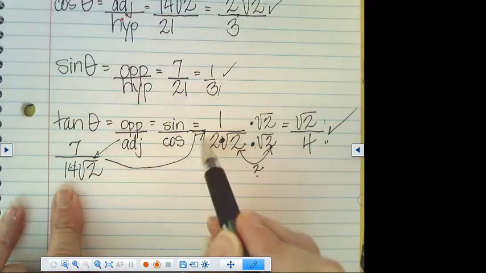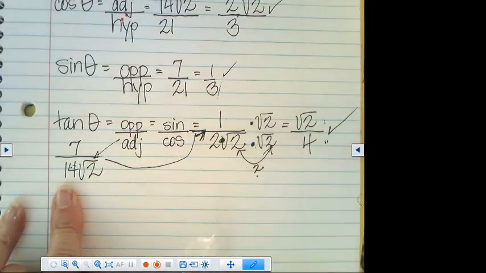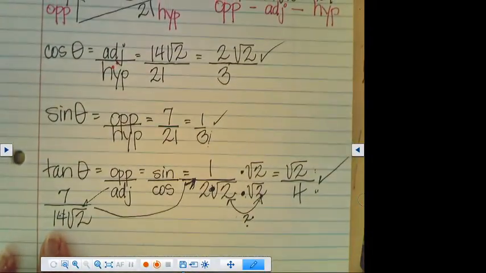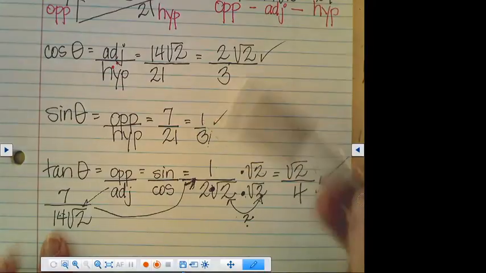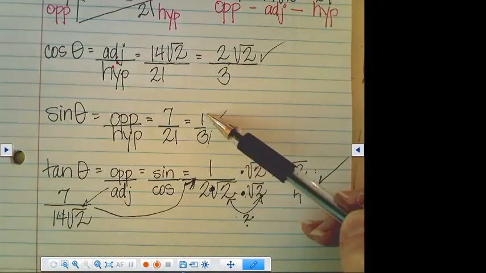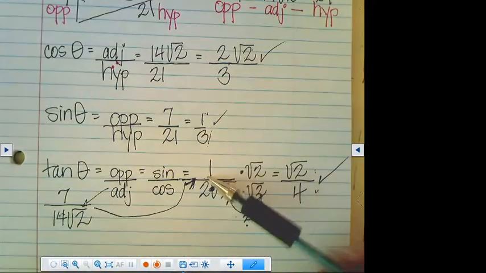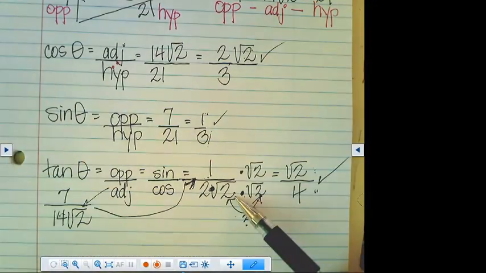Didn't it actually reduce to that? Yeah, I didn't realize you reduced until I looked at it this time. Well, if you use the sine and the cosine numerators, it will already be reduced. So when you reduce these two, then that one will be reduced. Now, we still had to rationalize the denominator, but that's okay.